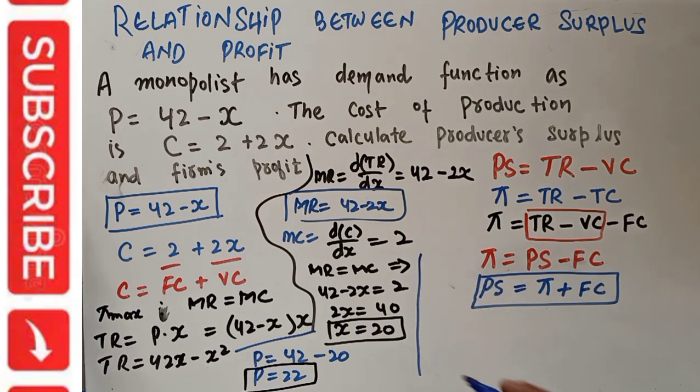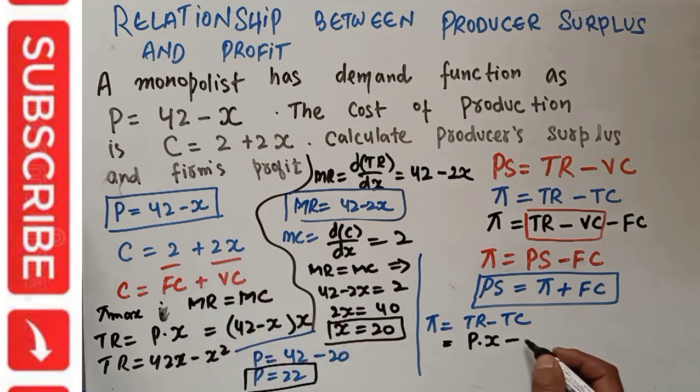Then what is the total profit? We know the profit is equal to total revenue minus total cost. So total revenue is price times quantity, minus the total cost function, which is 2 plus 2x. Giving their values, in place of P we have 22, so I can write 22 times 20, minus 2 minus 2 times 20.